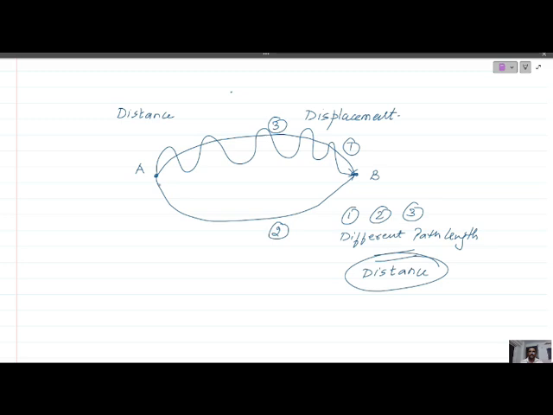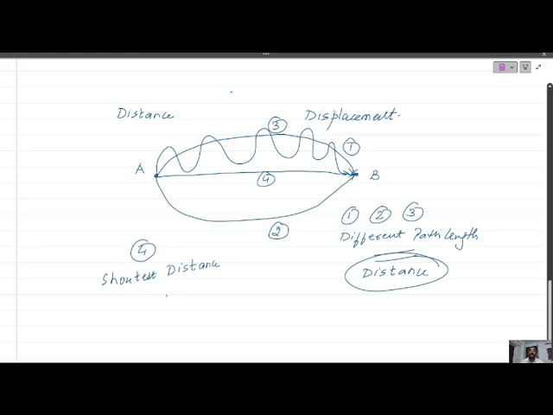Now imagine you go straight. You don't go in any direction. You just go from point A to point B in a straight line. Whereas the paths 1, 2, and 3, as we have just seen, can be anything in any direction, wriggly, like an arc, anything, when you are going from point A to point B in a straight line, this becomes the shortest distance.